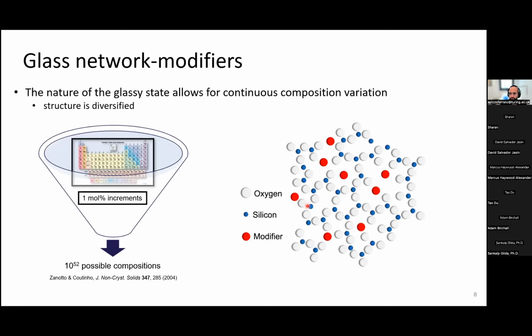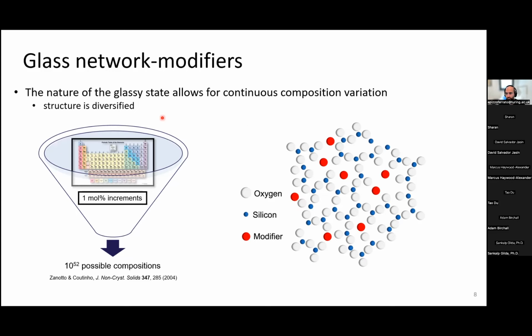So we have what we call network modifiers. These are elements that are bonded much more weakly, typically ionic bonding in the network, that breaks up some of these more covalent type bonds in the structure and lowers the melting points, and of course also affects other properties. Some in a good way, something that we like, and others in a way that is maybe not so favorable. But we need to do it to be able to melt them.